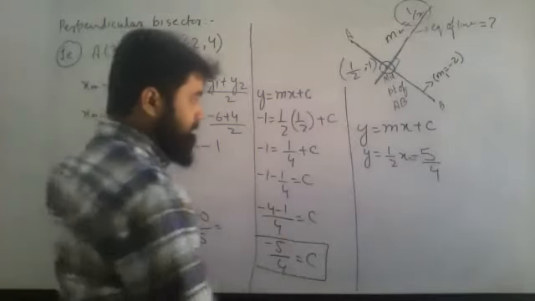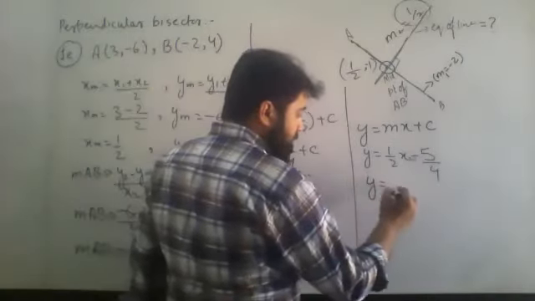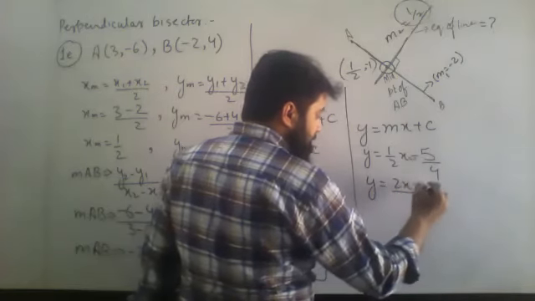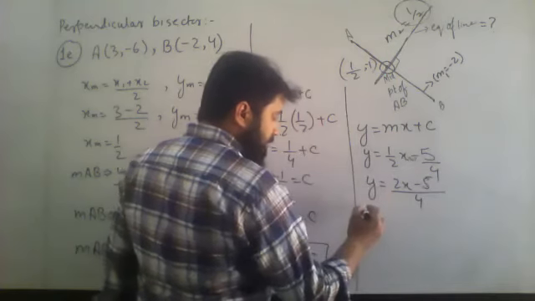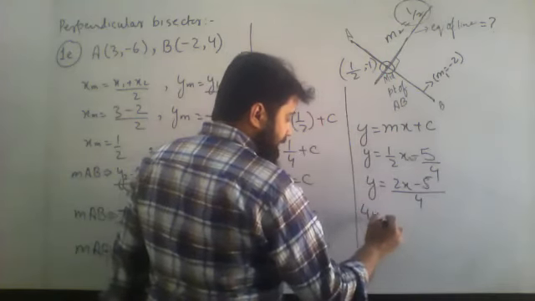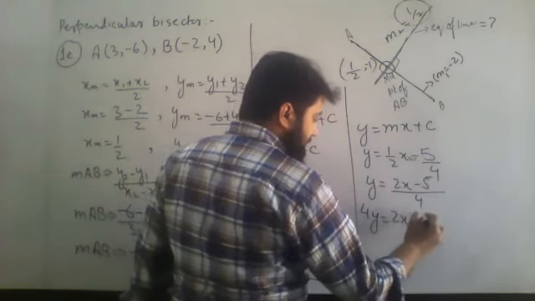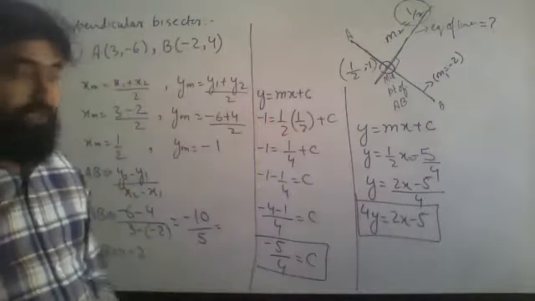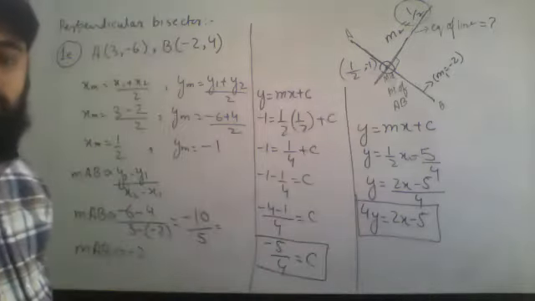Okay. So y equals, first taking the LCM, 4, this will become 2x minus 5. Shifting 4 over here, 4y equals 2x minus 5, and that's your final equation for this perpendicular bisector.